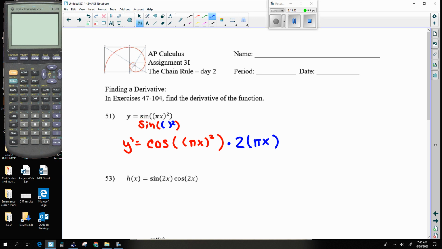And then the inside of that is pi x, so that's going to be times pi. Bringing all coefficients up front, this is 2 pi squared x cosine pi x squared.